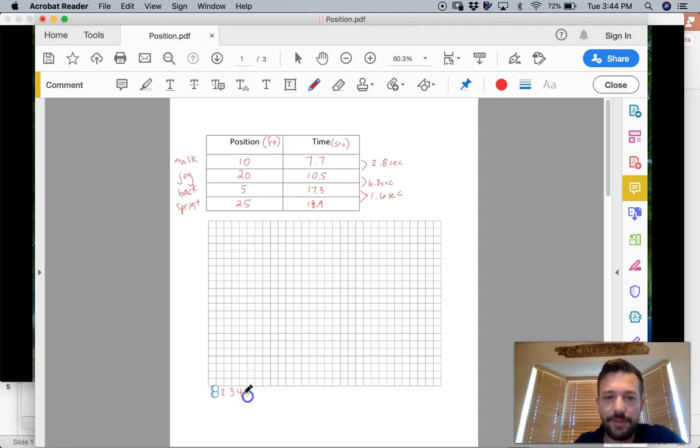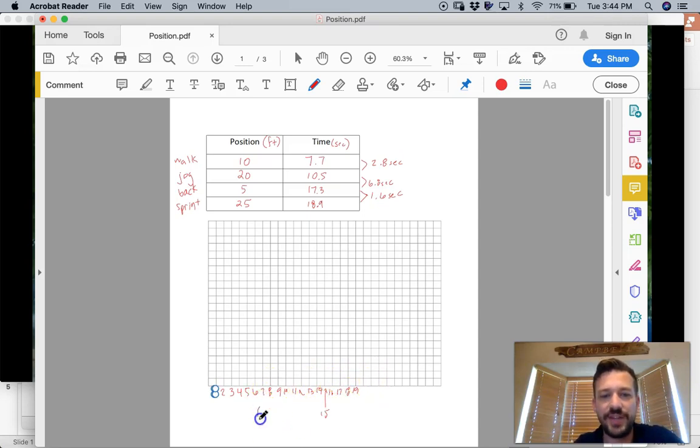It's annoying, but what are you going to do? 6, 7, 8, 9, 10, 11, 12. It's getting small. 13, 14. Okay, that one right there is going to be 15. That'll give us a little bit of space there. 16, 17, 18, and 19. Okay, and that brings us to the end.